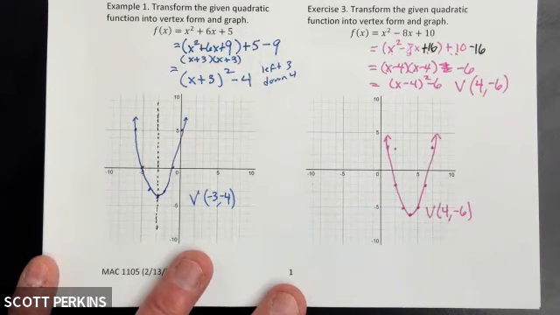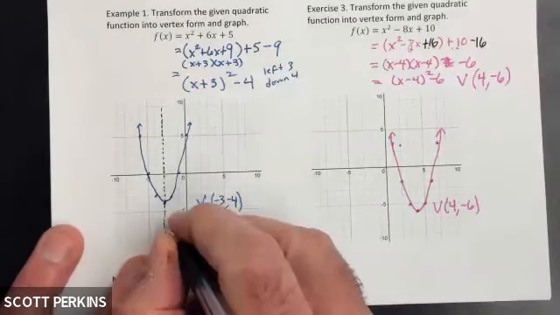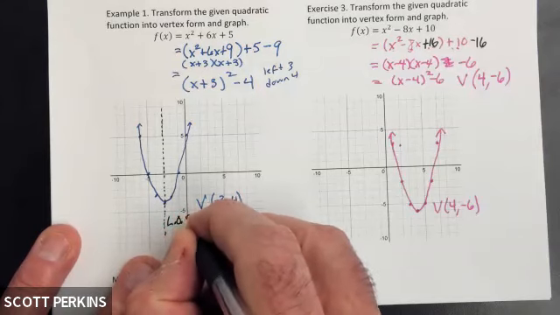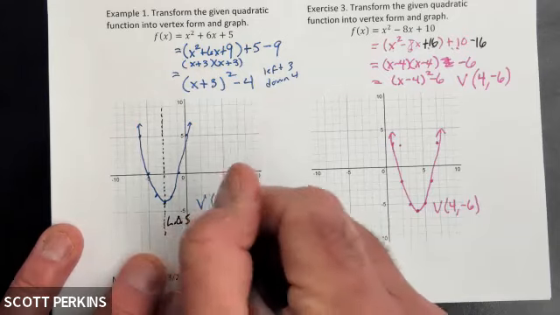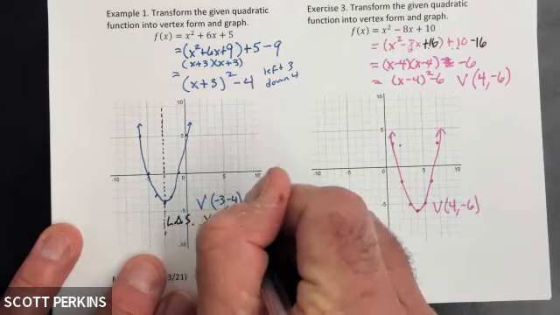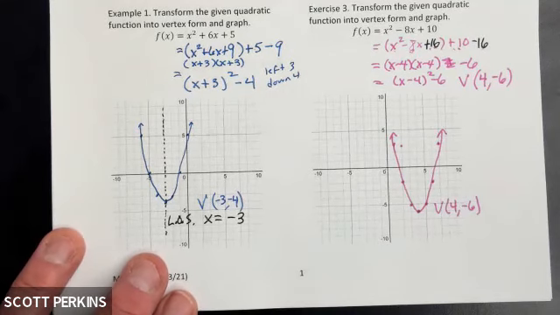I could fold that graph along that line, and it's the same on both sides. So the line of symmetry, which I am very cleverly going to abbreviate as the LOS, is the line x equals -3. The line of symmetry is just however far left or right you moved your graph, that now becomes the line it's symmetric about. It's the same on both sides.